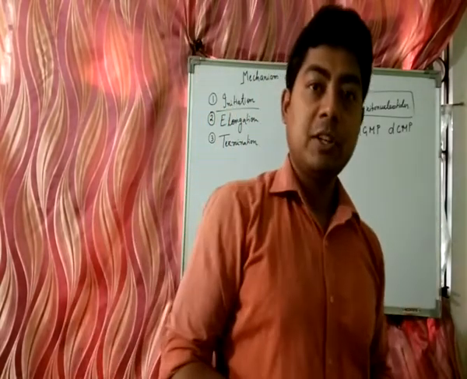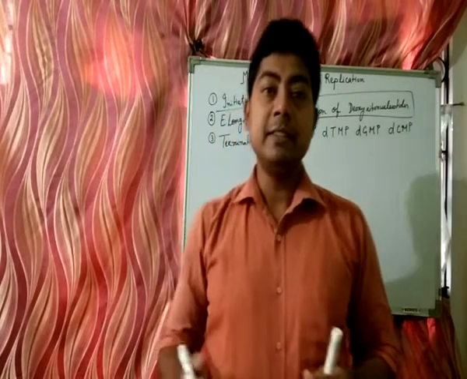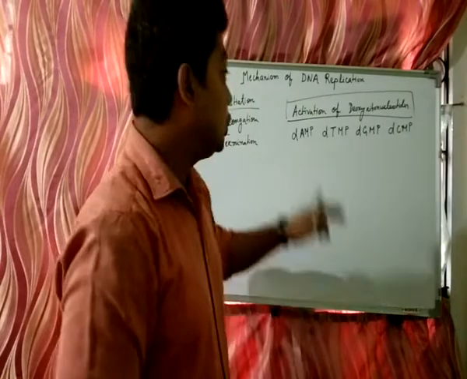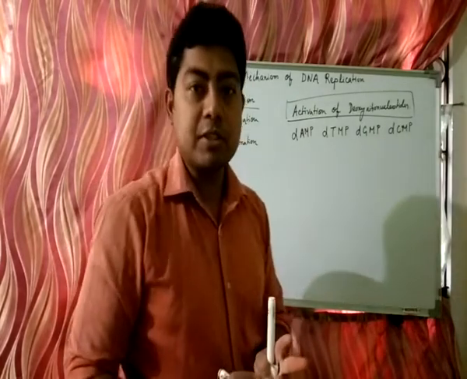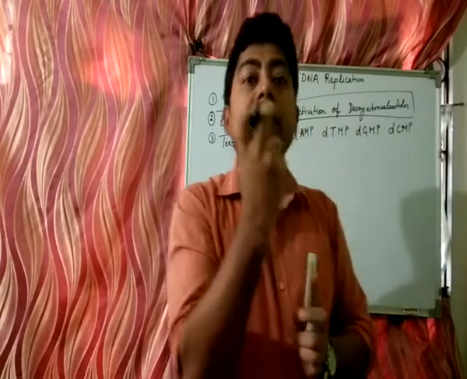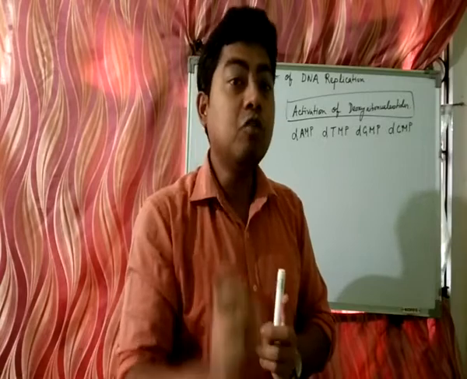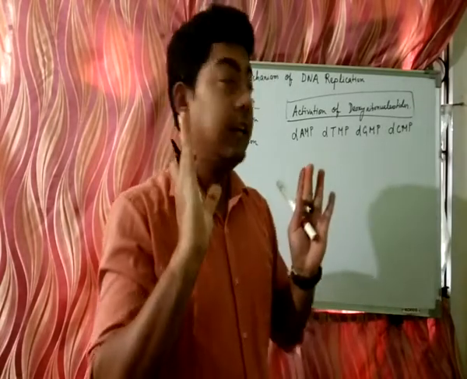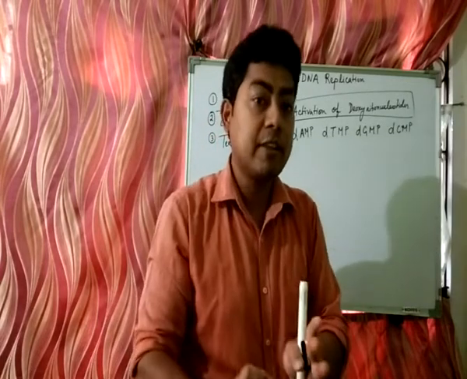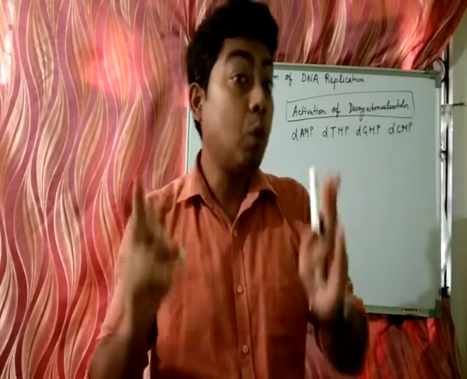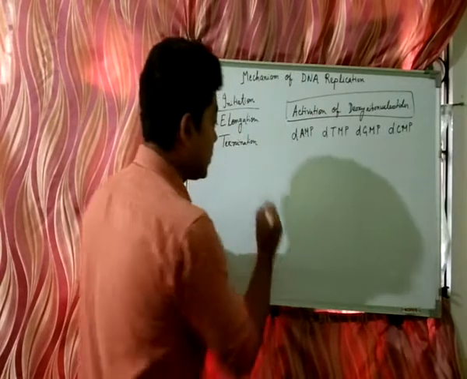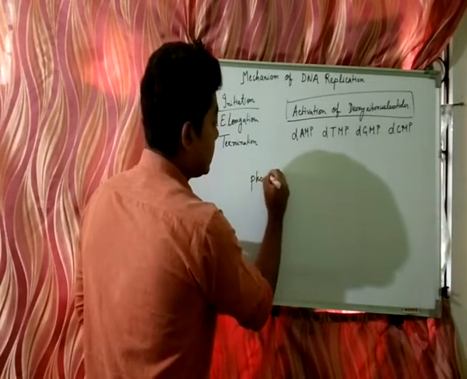These are the nucleotides, but in the nucleoplasm they are present as monophosphates. To take part in the replication process, or to be activated, two more phosphate groups are required. That step is done by the transfer or addition of phosphate groups. The enzyme that does this is called phosphorylase.